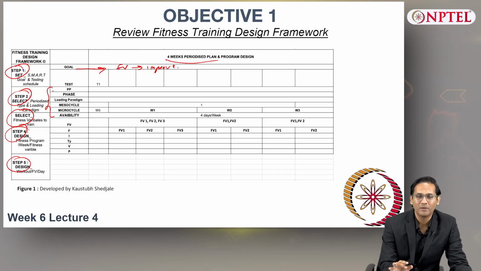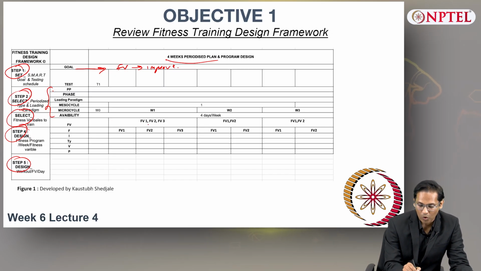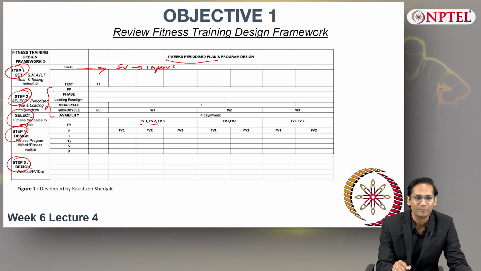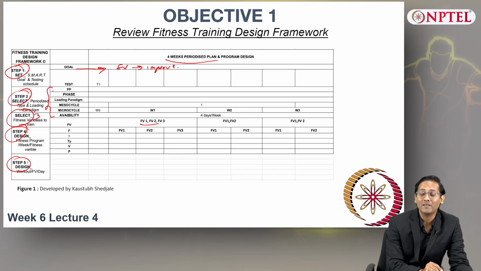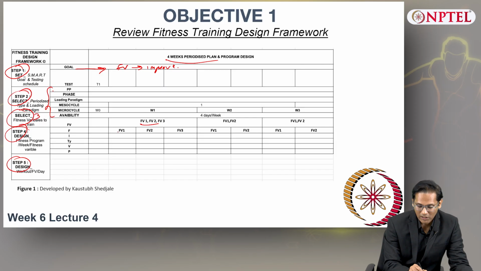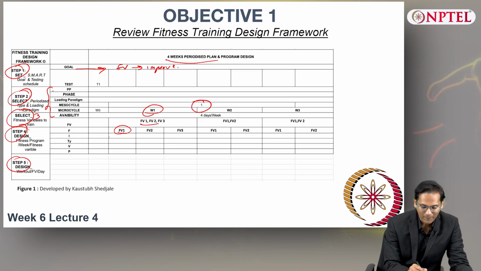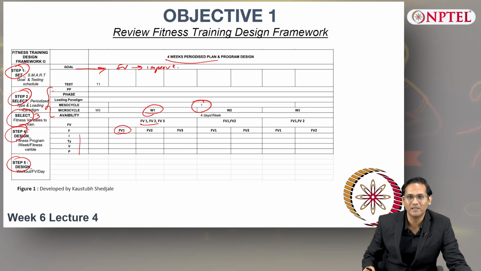Once you create the periodized block, then you select what fitness variable you are going to train within that block. This is step number 3. And then step number 4, for each fitness variable that you have selected to train within the week and within the block, you design the program. So this is fitness training design framework.